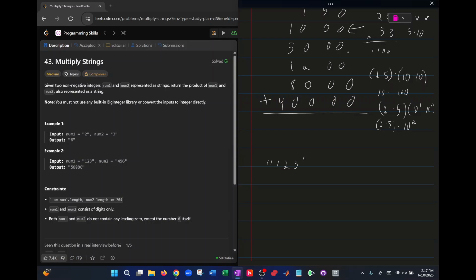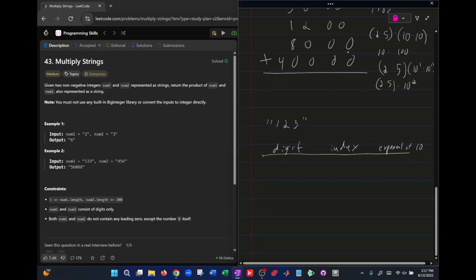We'll do the digit, the index, and the exponent of 10 that we need to multiply by the digit to get the corresponding number.